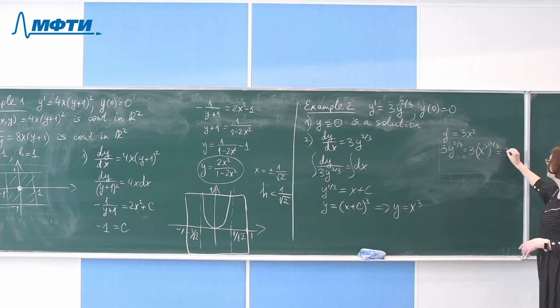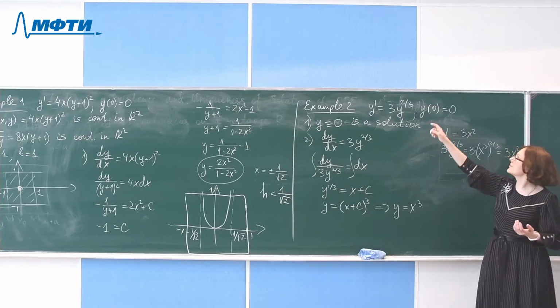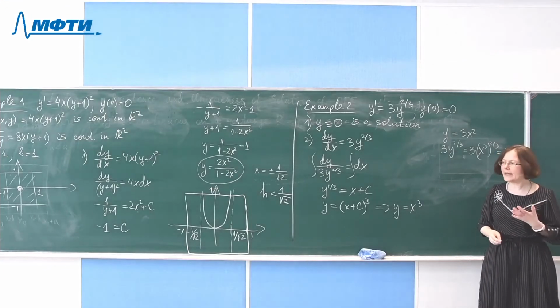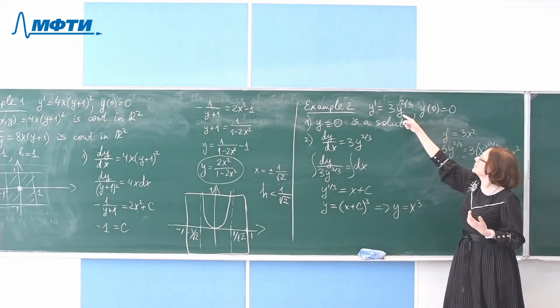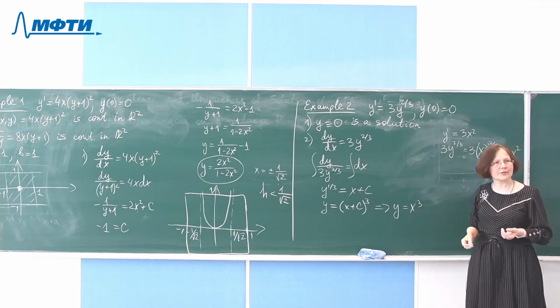It is equal to 3x squared, the same. So this function will also satisfy this initial condition. So there are at least two functions satisfying this differential equation with this initial condition.